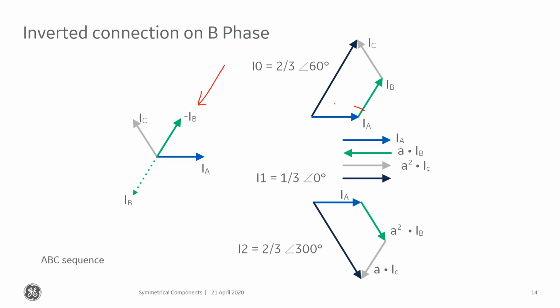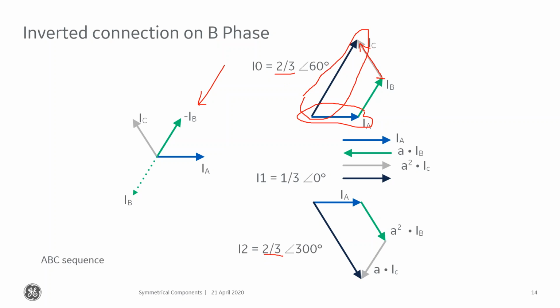So what happens if I have this sort of condition? Well, if I look at A phase here, and I take this B here and superimpose it on the end, that gives me this point. And then I take C and superimpose it on the end of that one to here. That gives me a zero sequence quantity, right? So my zero sequence quantity is 2/3.